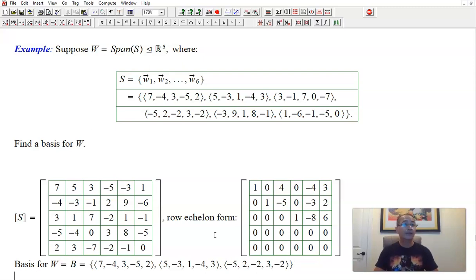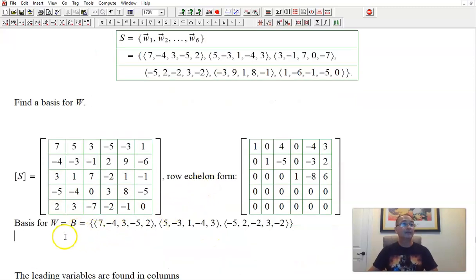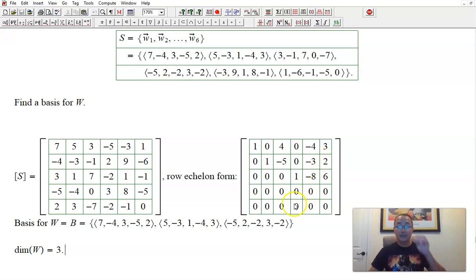We have three vectors, so the dimension of W is 3. Okay, so even though we started out with 6 vectors in our spanning set, they're far from independent. You have 3 redundant vectors, and the minimizing theorem says you only need v1, v2, and v4.